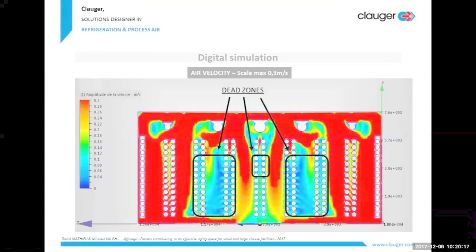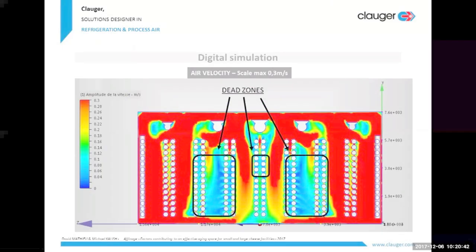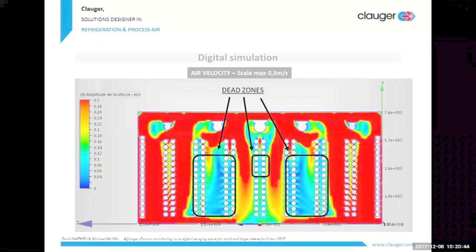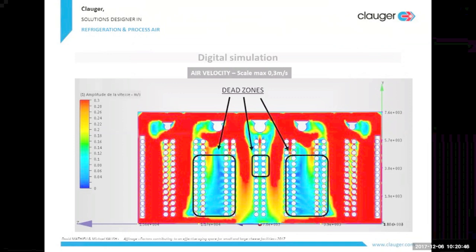We put the scale to what we are looking at, meaning 0.3, 0.5 meters per second, and here we could see the dead zones and the areas that we identified with the computer. When we talked with the cheesemaker, he confirmed those were the areas where he was not putting any cheese because he knew that there was no curing happening.